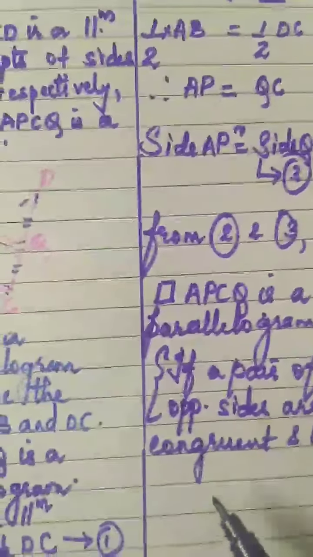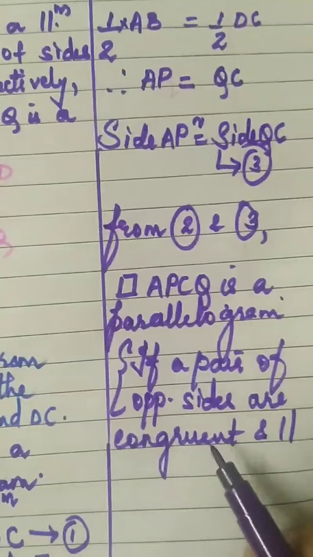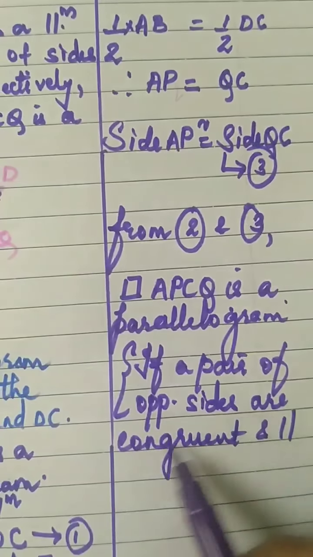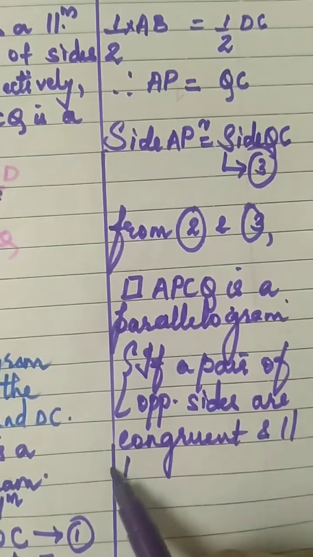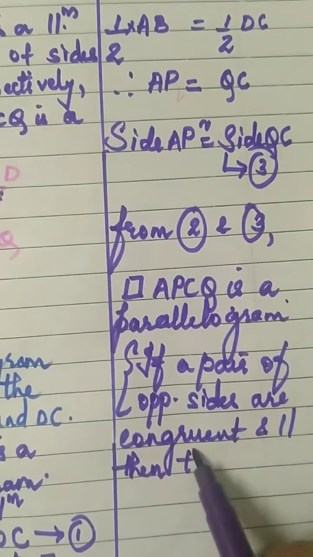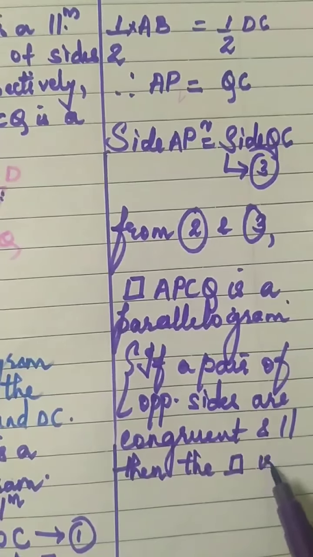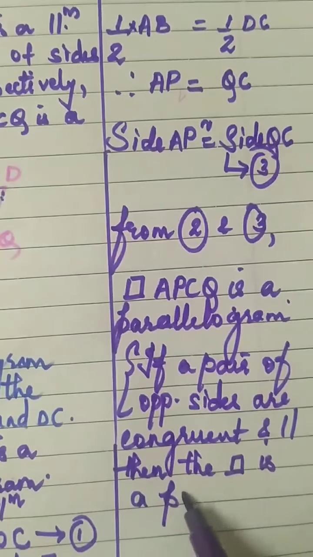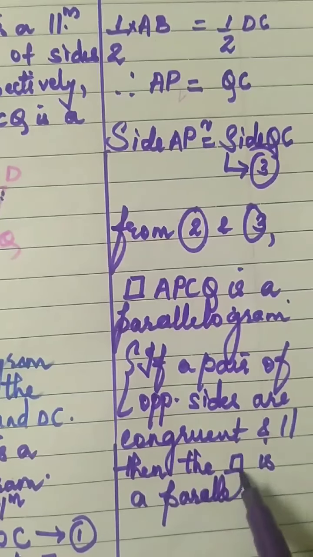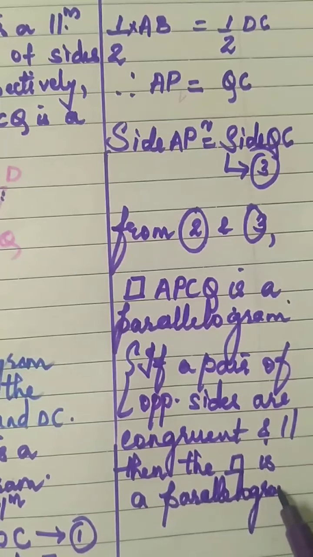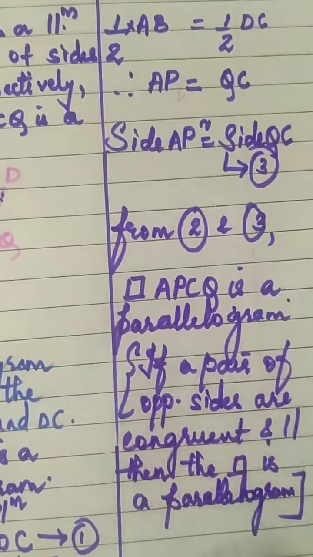For board exam, you will write in full sentence. If a pair of opposite sides are congruent and parallel, then the quadrilateral is a parallelogram. Okay, test of parallelogram.